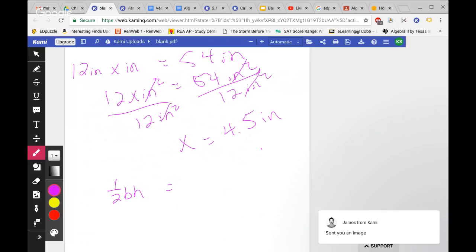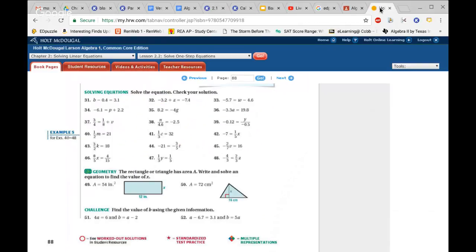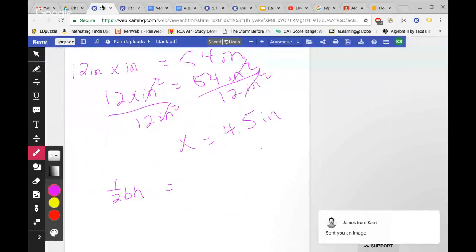So what was it? I have to toggle between the two of them. 72 centimeters equals 1/2. And then the base was 16 and the height was x, right? Yes.